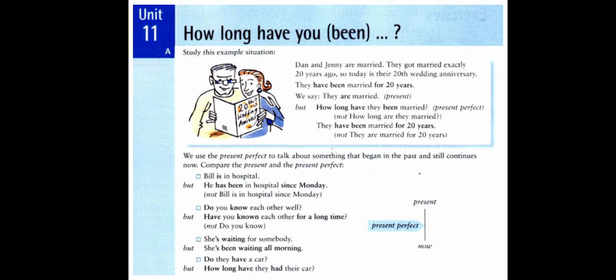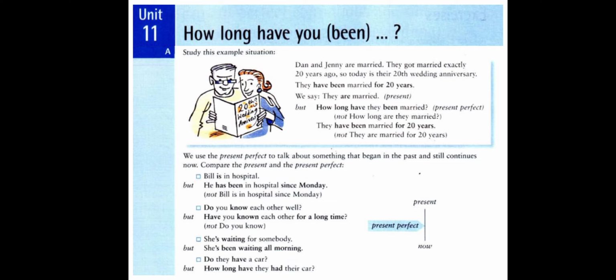And if we speak about an action started from a past point of time until now, the period covered from the past until now, we use a present perfect, whether it is present perfect simple or present perfect continuous.